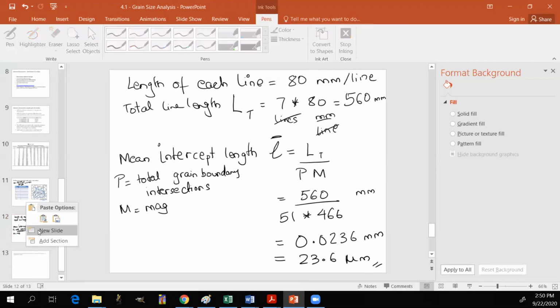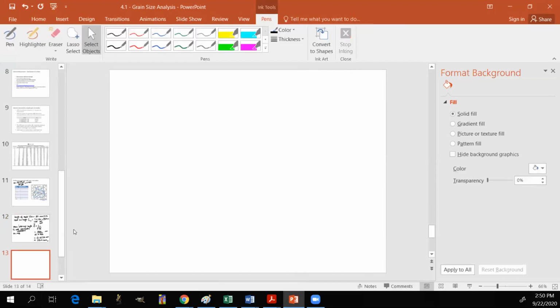And then the next part is to figure out what your grain size number for the ASTM is, so that the people in industry have an easier thing to look at. And for us, with the intercept length, which is given in millimeters, so remember, this is with your average intercept length in mm.